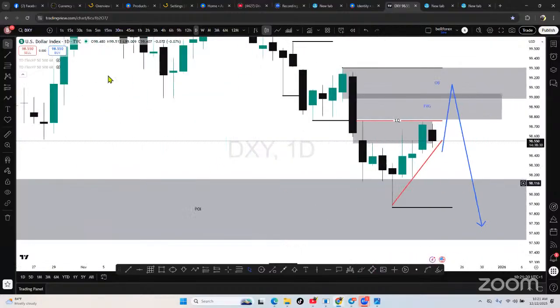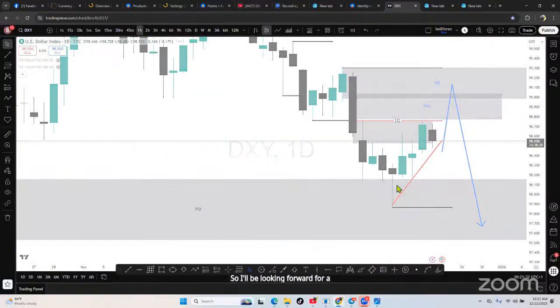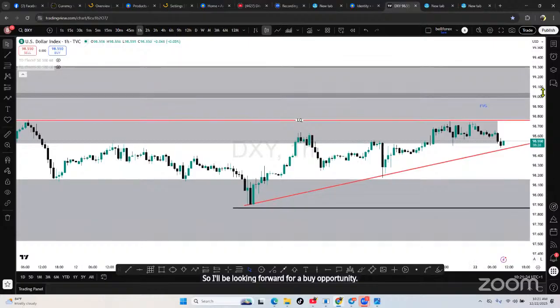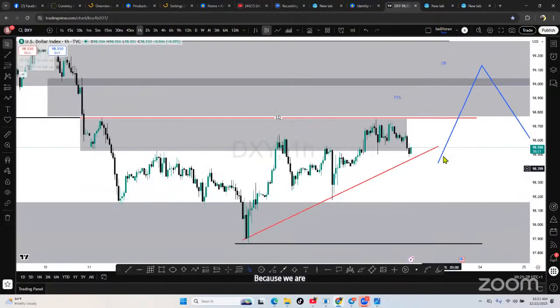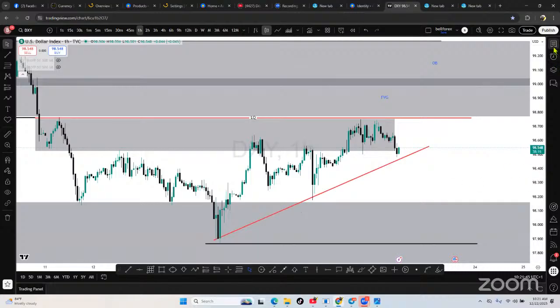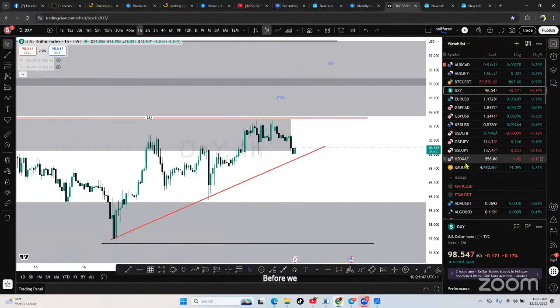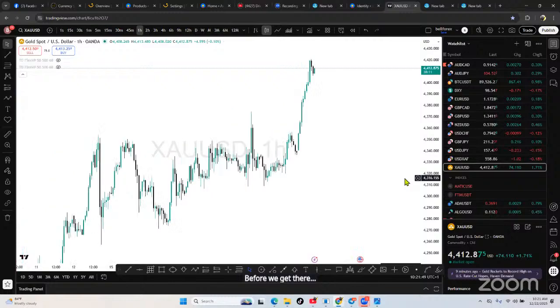So I'll be looking forward for a buy opportunity on the DXY because we are looking bullish. Before we get there, gold is a focal as well.